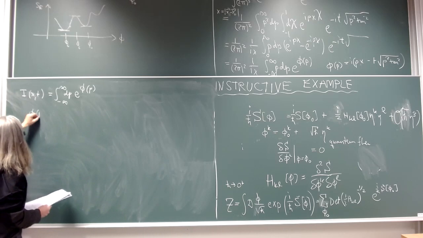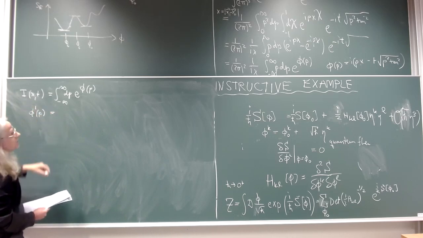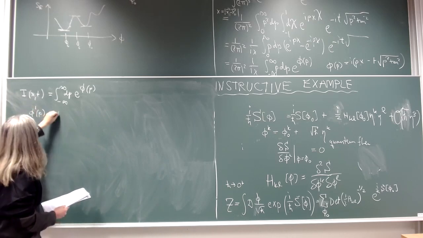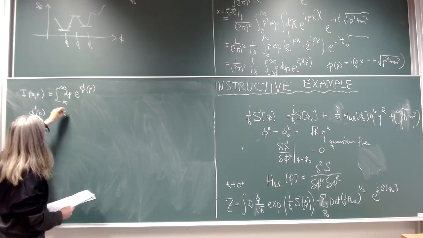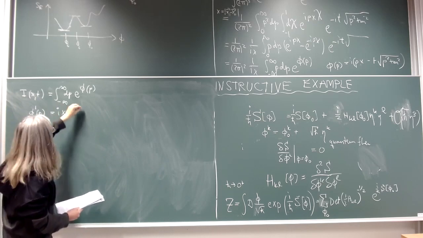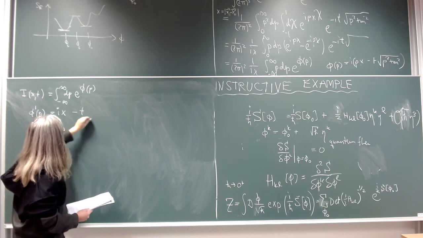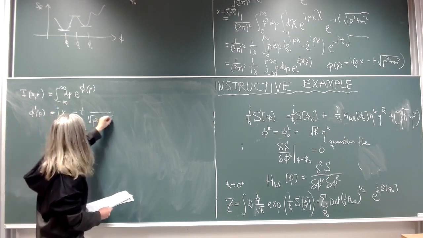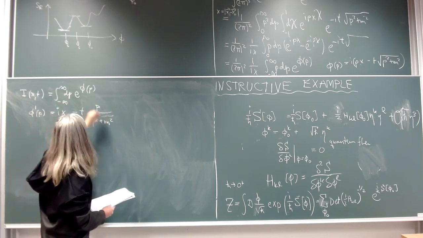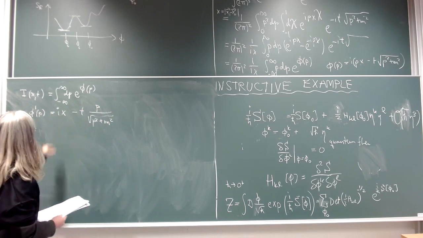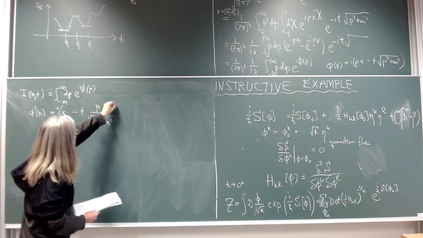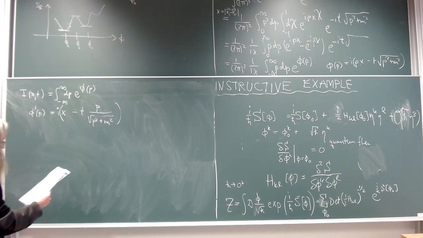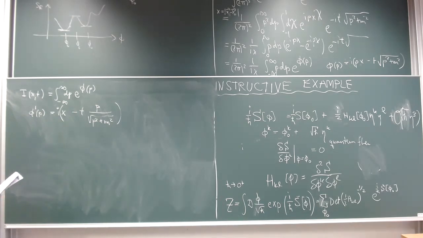So phi is, if you do this, this would be i x minus t over square root of p squared plus m squared, and then p here, and maybe with a parenthesis here, something like this. This is okay.